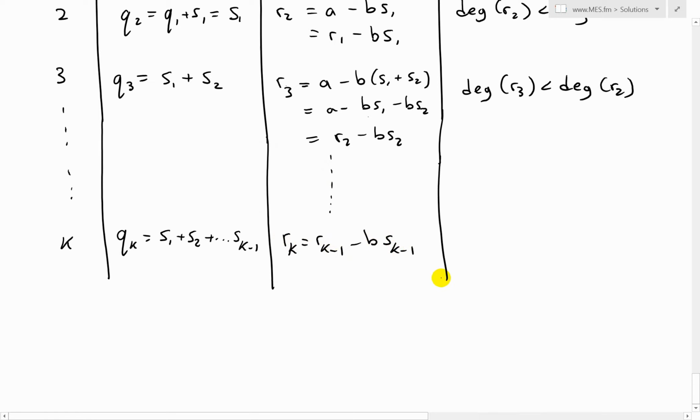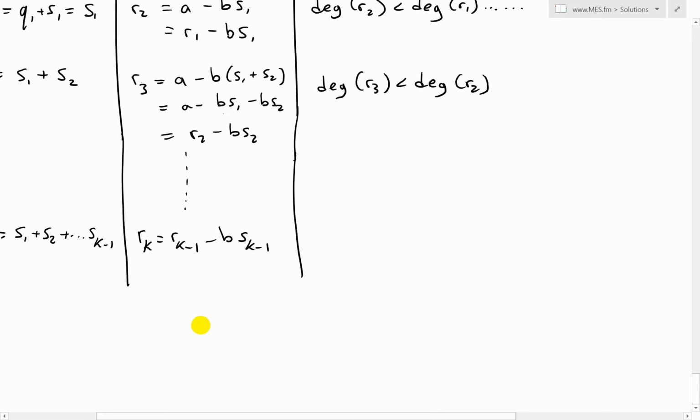And then this is the kth one, because we're always decreasing. Eventually degree of RK is less than the degree of B, and then basically we've proven the algorithm.